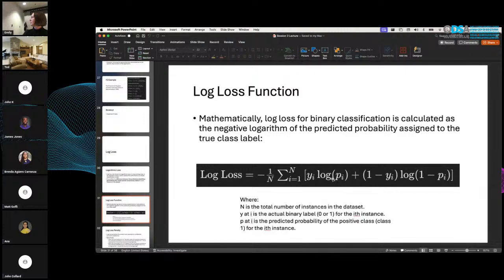And then in the second half of the formula, so we take the log of that, we say plus, to that we're going to add 1 minus y at I. So this is either 1 minus 1, which is 0, which then turns this off. So again, this is either turned on or turned off. When y is 1, this one is turned on and this is turned off. This is not calculated.